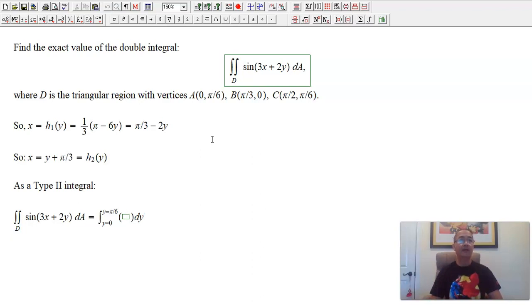On the inside, on the left, x is our h1 of y, so pi over 3 minus 2y. And on the right, we will have h2, which is y plus pi over 3.